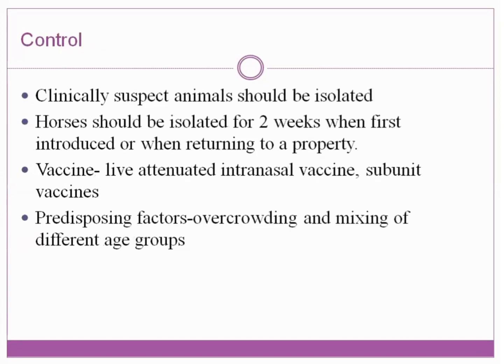How to control Streptococcus equi infection in equines? First, clinically suspected animals should be isolated from the other animals. Horses should be isolated for 2 weeks when first introduced or when returning to the property.